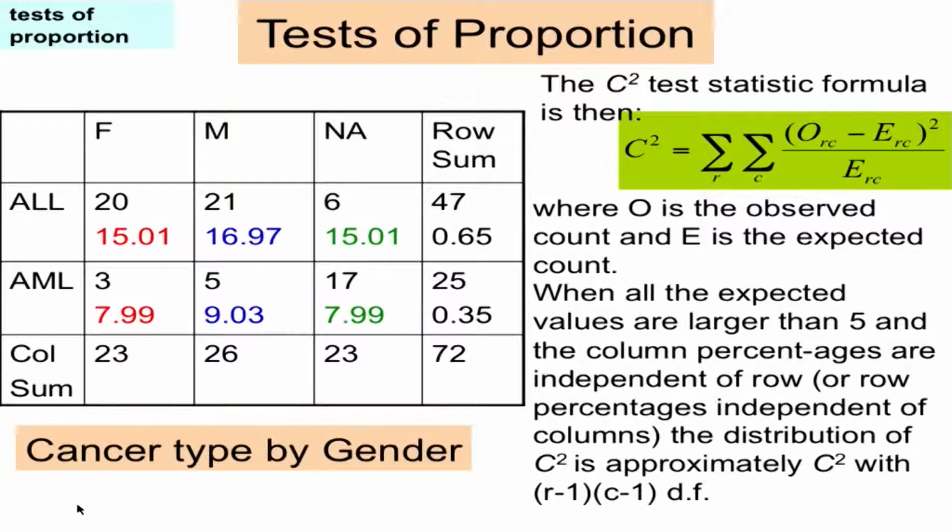And when all the expected counts are bigger than 5, and if gender is independent of disease, then this thing has a known distribution called the chi-square distribution. You can look it up on a table just like you can look up the t distribution, or you can get the computer to compute it for you.